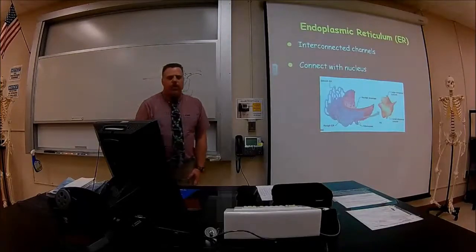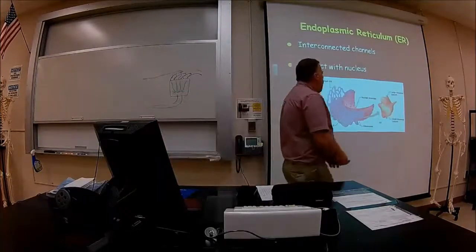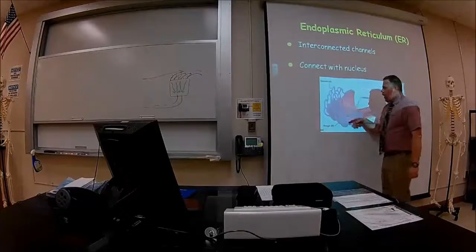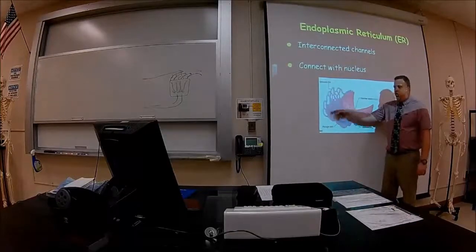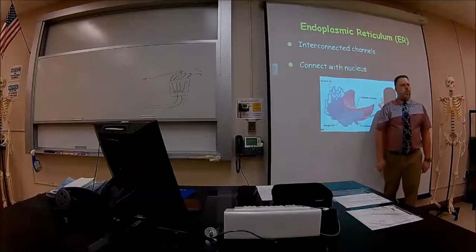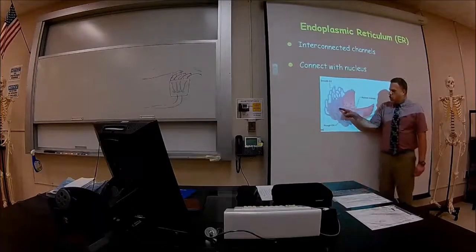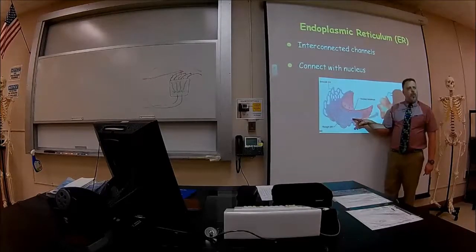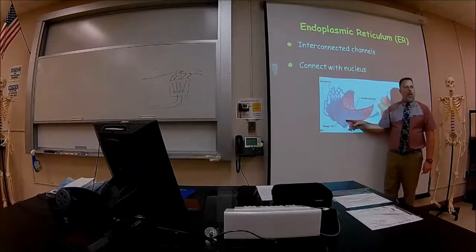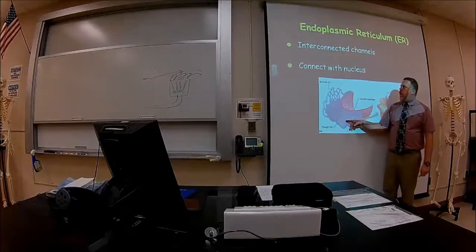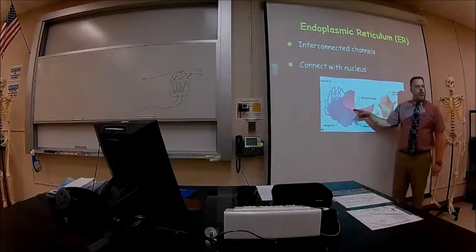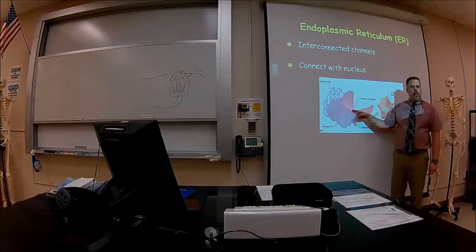The endoplasmic reticulum is this interconnected roadways that's happening throughout the whole cell. Some of them will have these red dots on them. Those are called, those are the ribosomes. All right, and somehow they all connect to the nucleus, the endoplasmic reticulum.